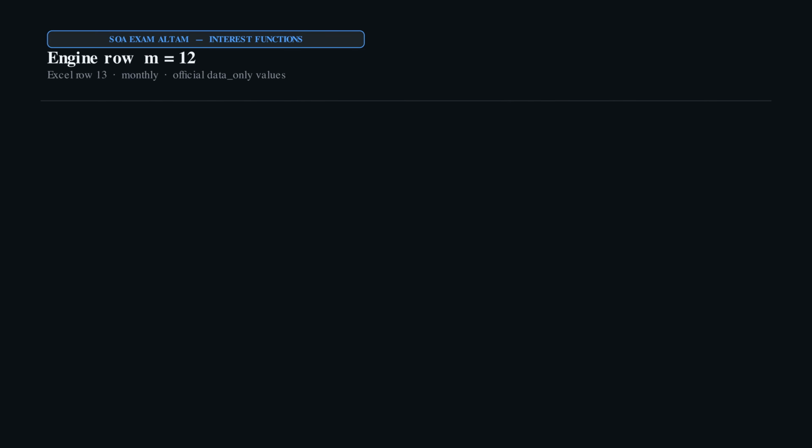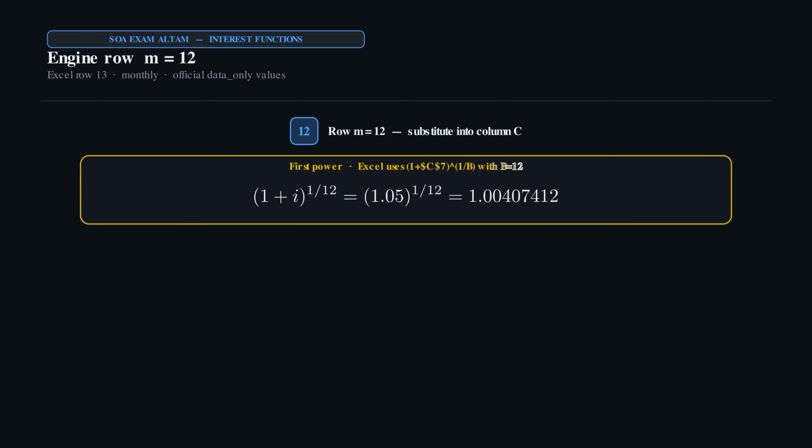M equals 12. The monthly row you will use most on ALTAM. Raise 1.05 to the 1 over 12. That 12th root is 1.00407412.